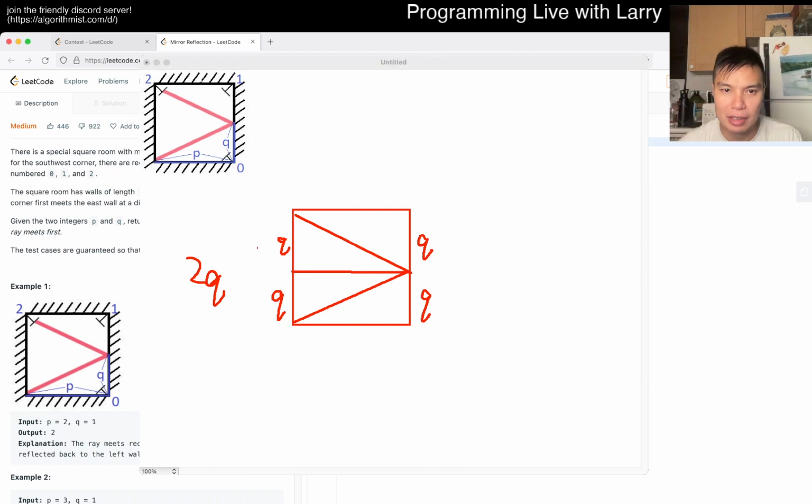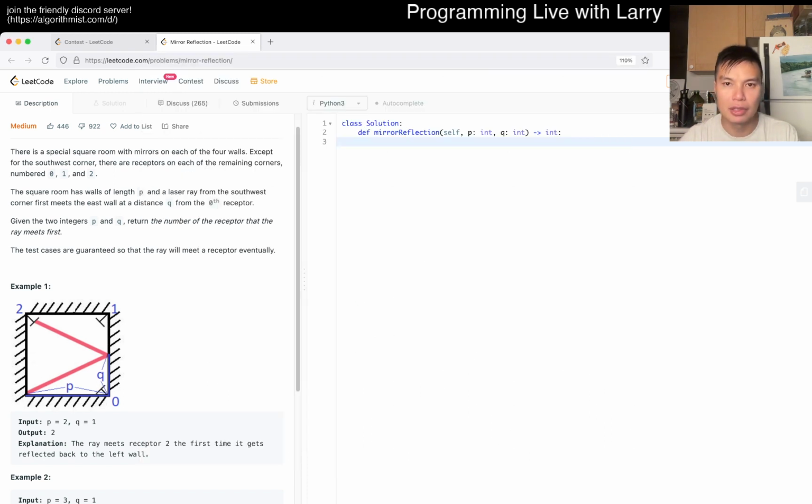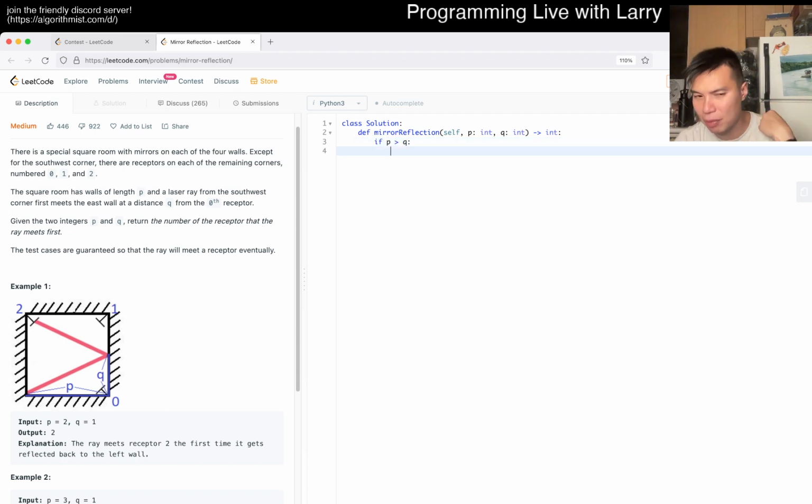So, okay. Let's write this code real quick before I forget it. So basically, if P is greater than Q, and there are probably ways to simplify this code, but that's okay, right? If P is bigger than Q, then we want P over Q and see if that's an odd number, right?